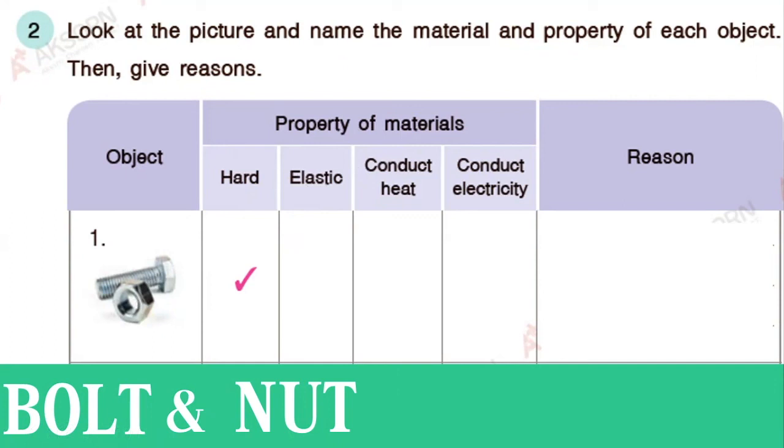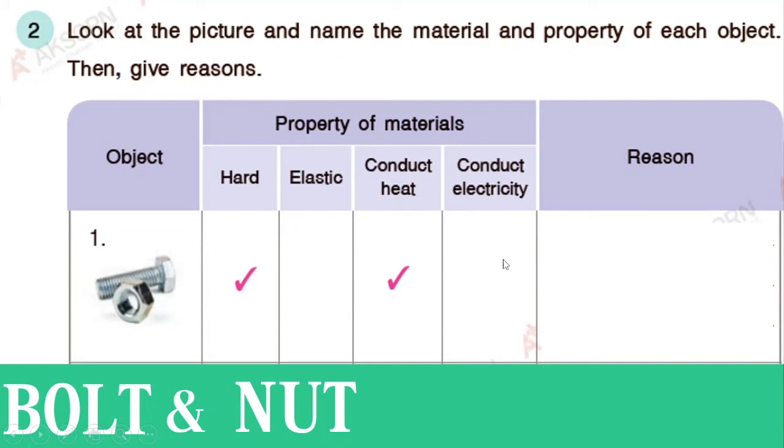So no, we do not tick. We leave it like it is, all right? Tell me about property of heat conductivity. Does metal conduct heat or not? Yes, it conducts heat. Yeah, metal is a conductor of heat. Okay, and what about electricity? Does it conduct or not? All metals conduct electricity, easy, yeah?